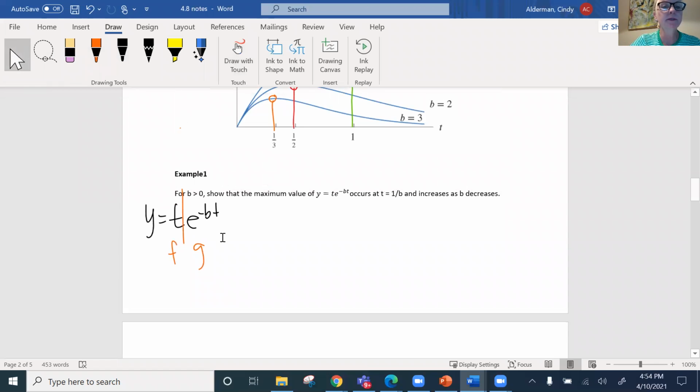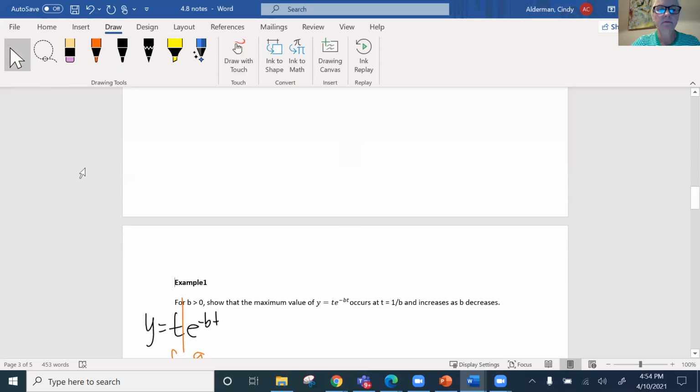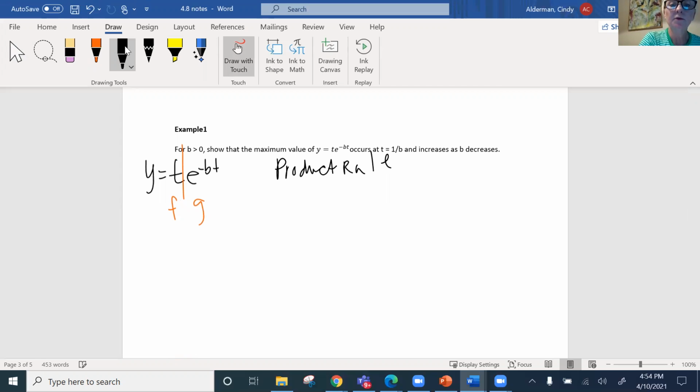Let me move this down a little bit. Okay, so of course we're going to use the product rule. So we have f prime g plus f g prime. So f prime would just be 1 because the derivative of t is just 1, and g is just e to the negative bt.